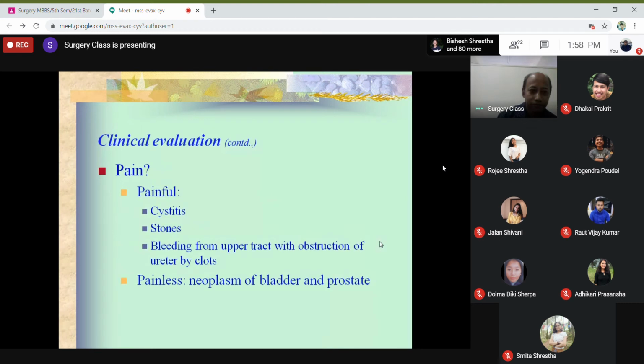Another is pain. It is important to ask whether that hematuria is associated with pain or burning sensation or not, because by asking this question you can make a lot of diagnosis.